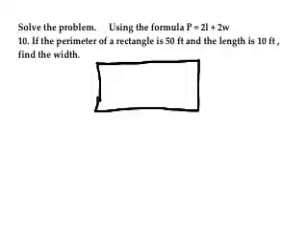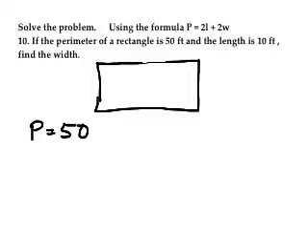Okay, so if the length is 50 feet, and, let's see, oh, I goofed up. The whole thing is 50 feet. I missed the point here. That happens. Okay, so P equals 50, and the length is 10.